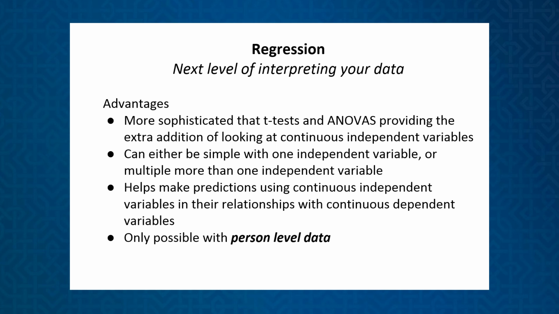So if you think about correlations, x is correlated with y, you don't necessarily have categories of x and y. There are correlation coefficients that can handle that, but typically you're talking about continuous, not discrete. So regression helps you make predictions using those continuous independent variables in their relationships with the continuous dependent variables.